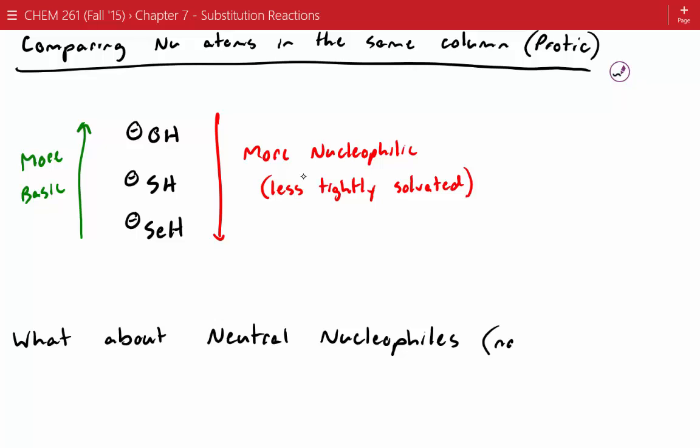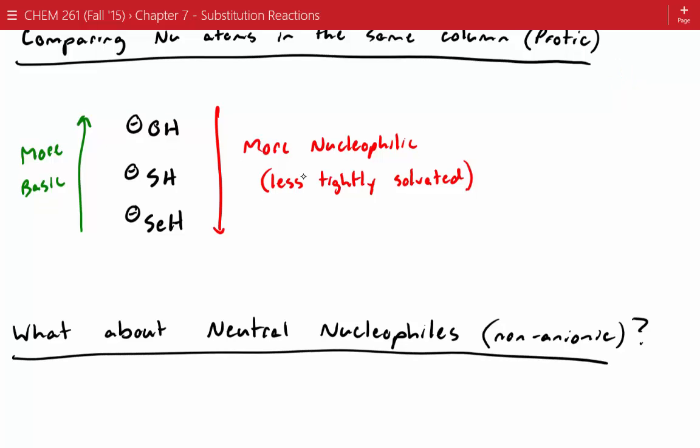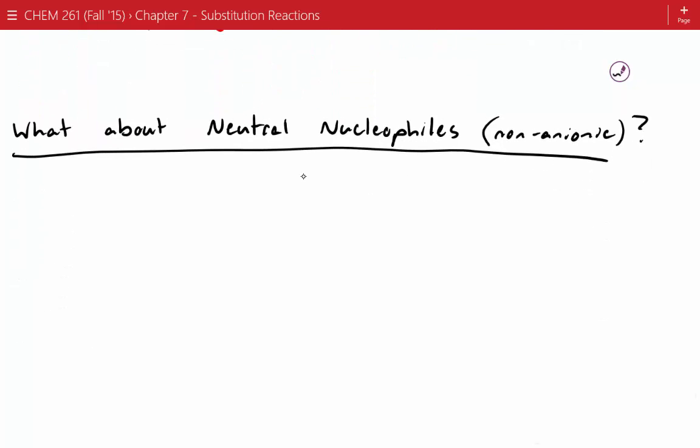Meaning non-anionic. So let's go through and compare two. Let's compare ethanol, everybody's favorite alcohol, CH3CH2OH, to thioethane.